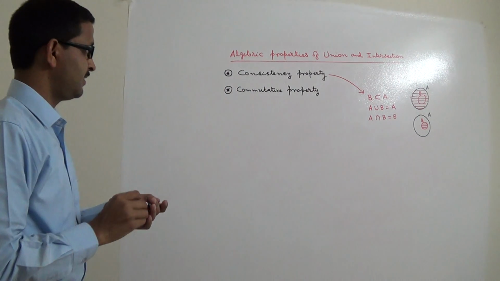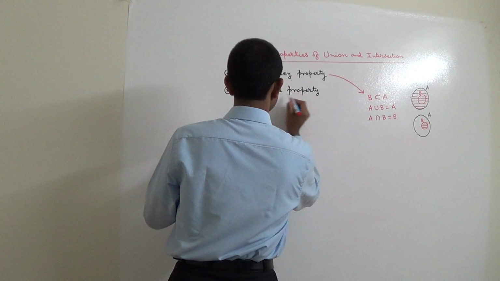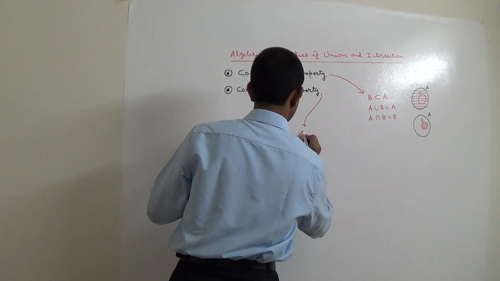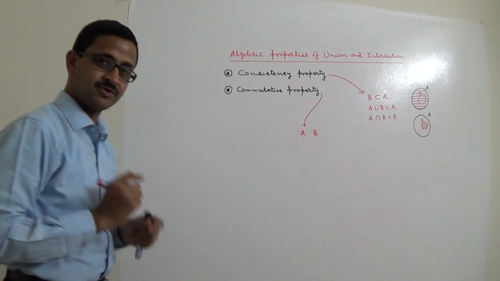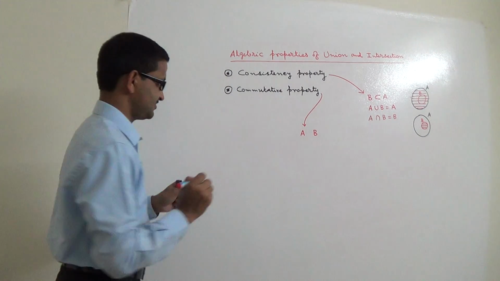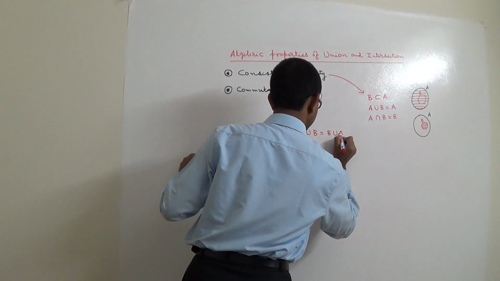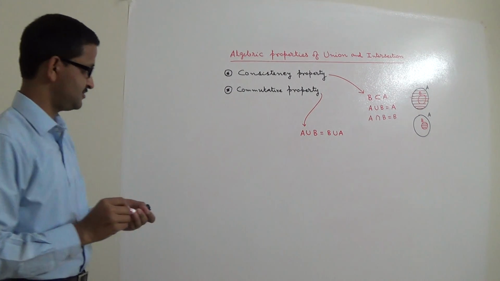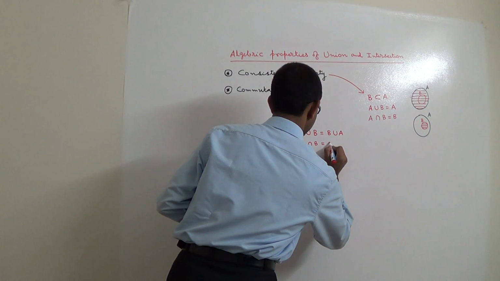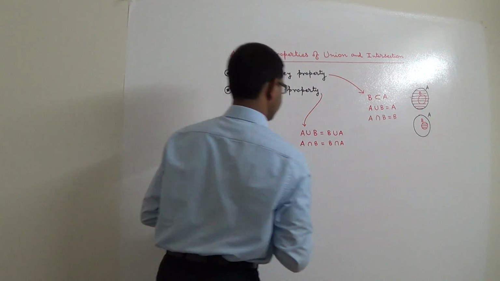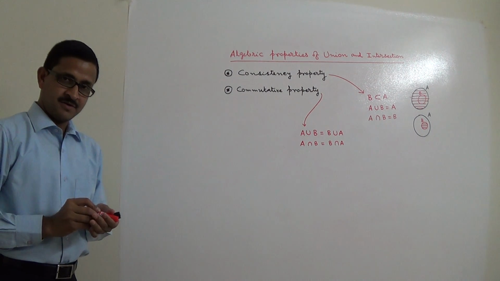Let's take two sets, A and B. Now the commutative property tells that A union B is equal to B union A, and A intersection B is equal to B intersection A. Clear?